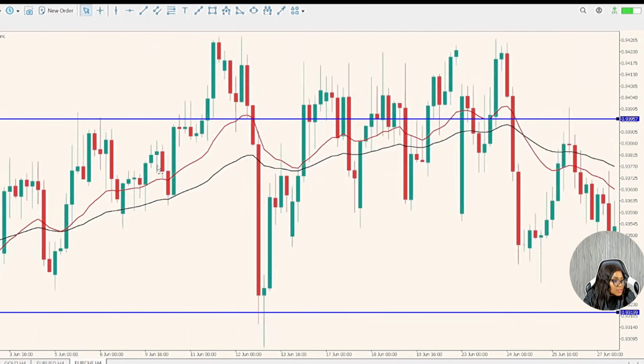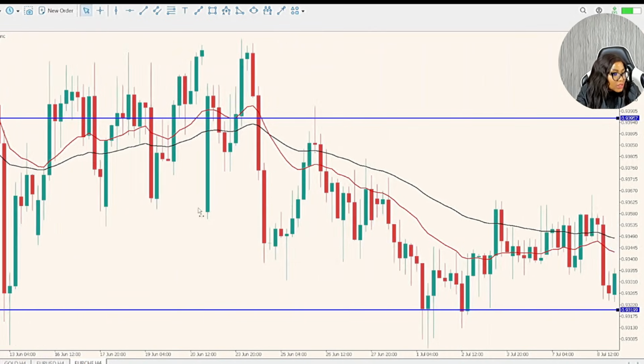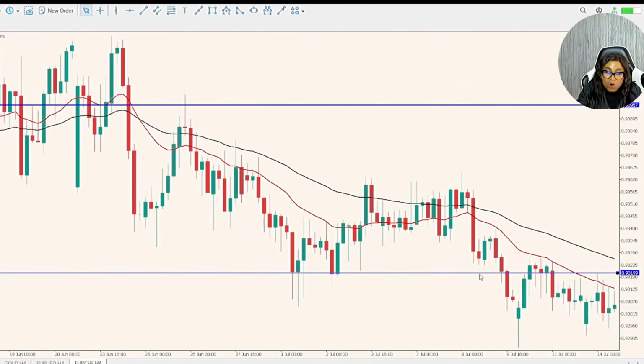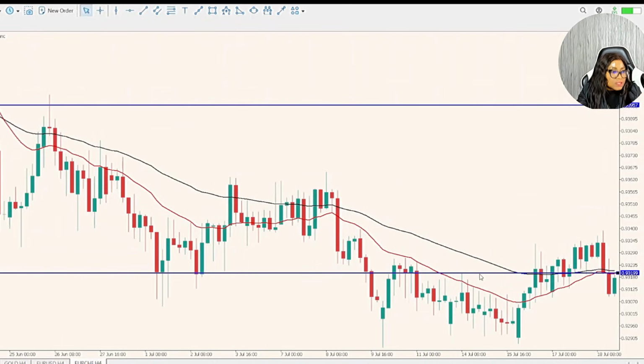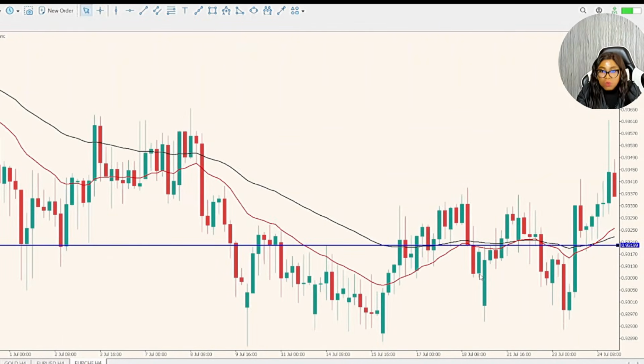But let's see, did this continue to the upside? In fact, it spent some time above that level that has been identified as resistance. But what happened? It pushed back in, moved to the other side, and actually continued to move in the wrong direction. It continued to move downward.